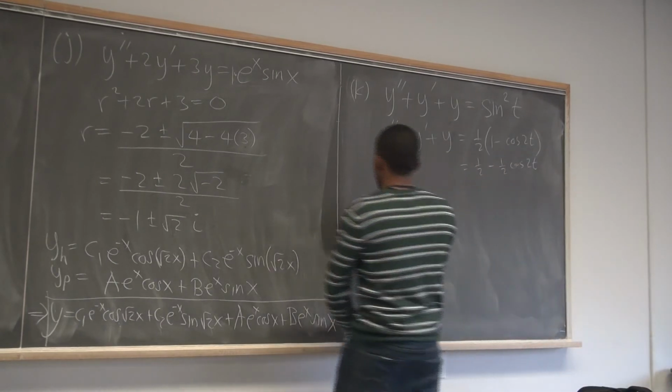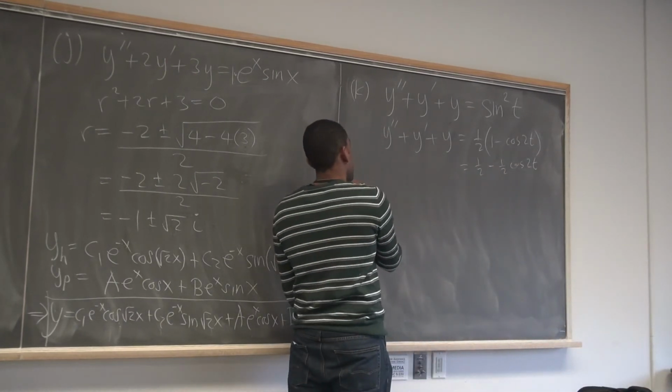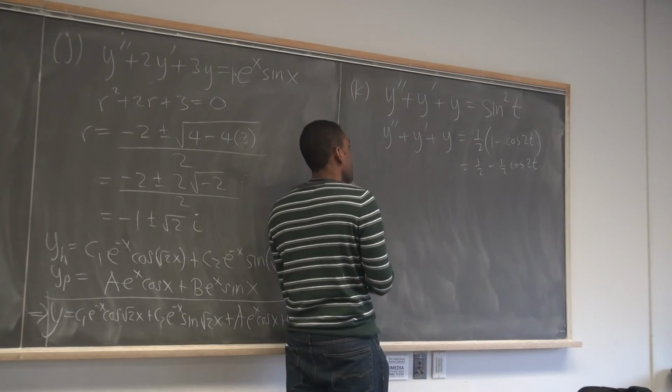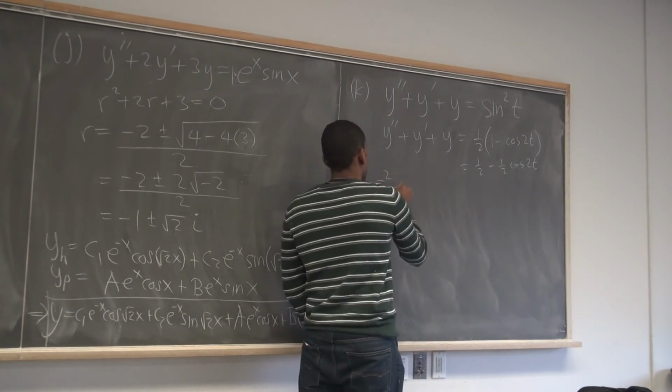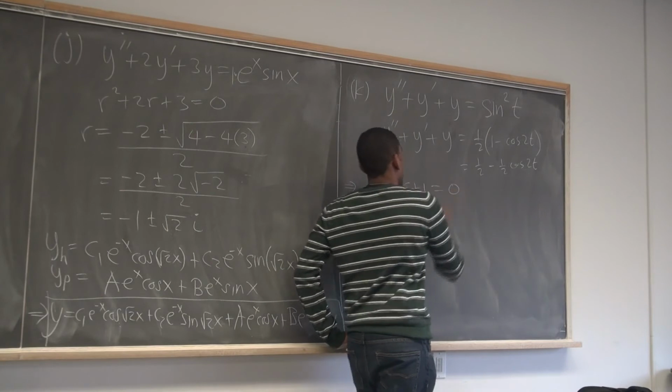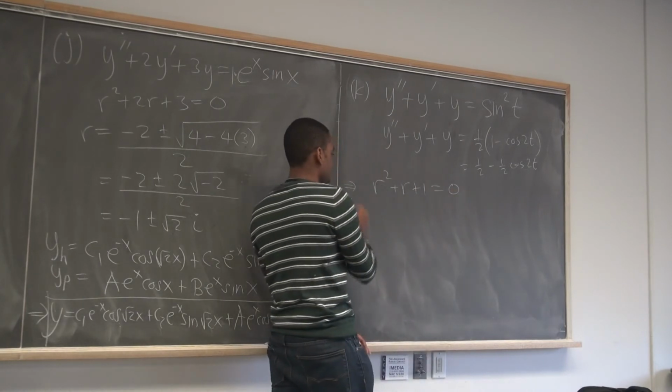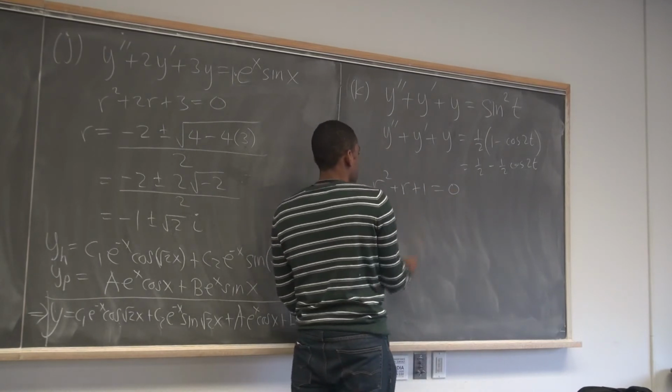Now if I wanted to find the homogeneous solution, r squared plus r plus 1 equals 0 can't be factored, so we're going to have to use the quadratic formula.